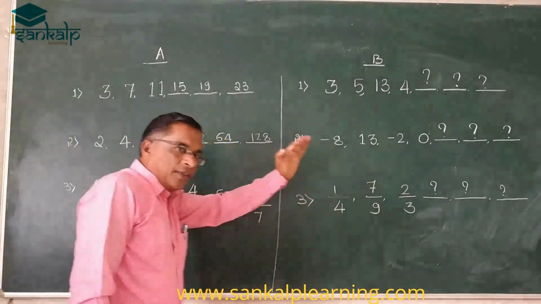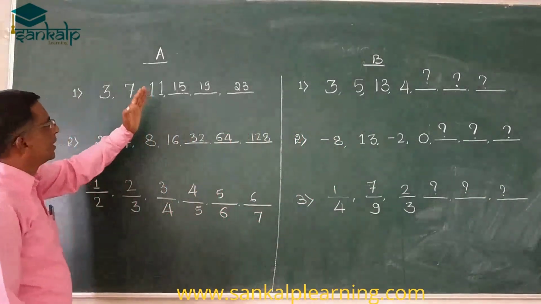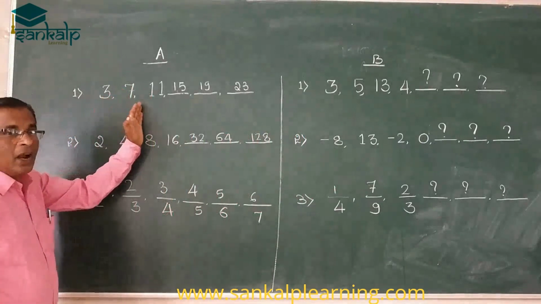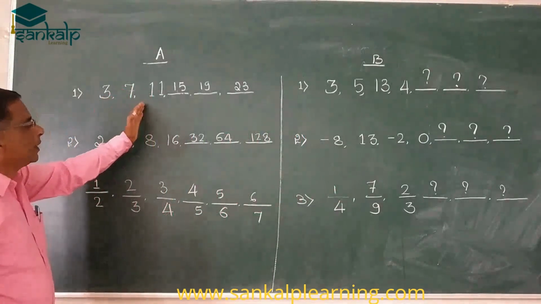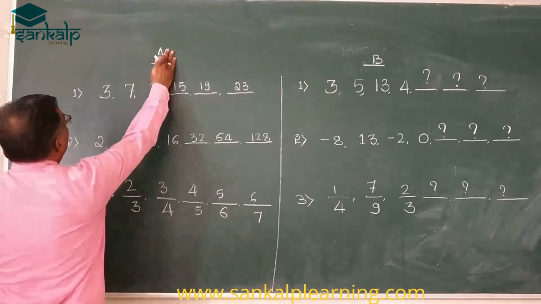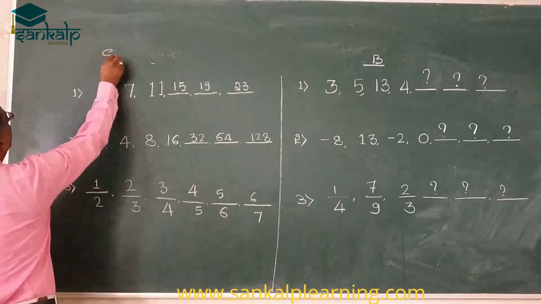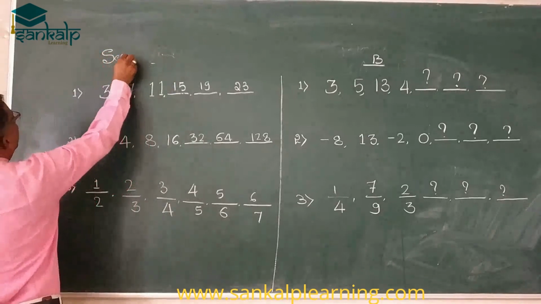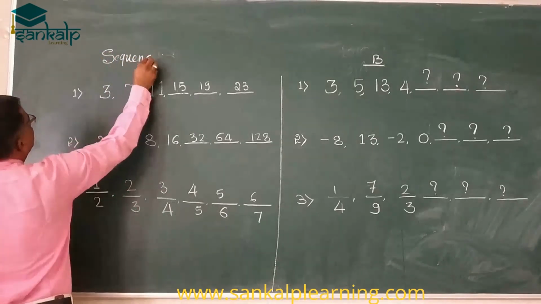So come back to our first set of lists. Here the numbers are listed according to a rule. Therefore, these types of numbers which are written according to a rule are called a sequence.